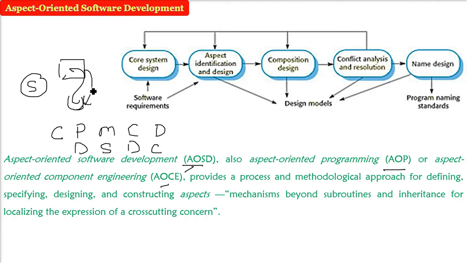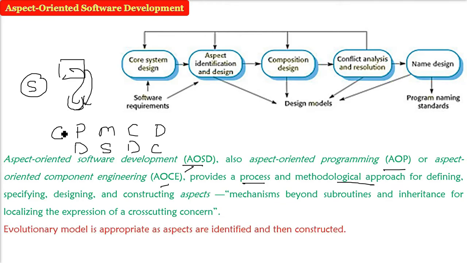Previously we were doing subroutines, we were inheriting certain functions and classes. Here we are talking about the process and methodological approach for defining, specifying, designing, and constructing aspects so that the cross-cutting concern can be addressed. So the evolutionary model is very appropriate here, because the aspects have to be identified and we have to construct them.